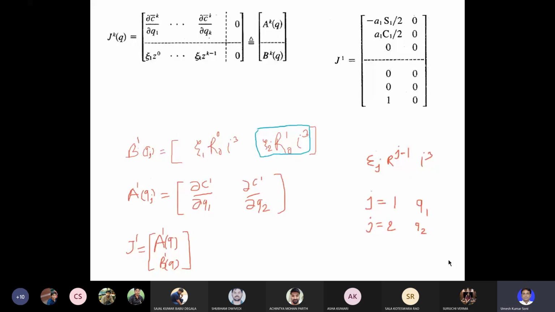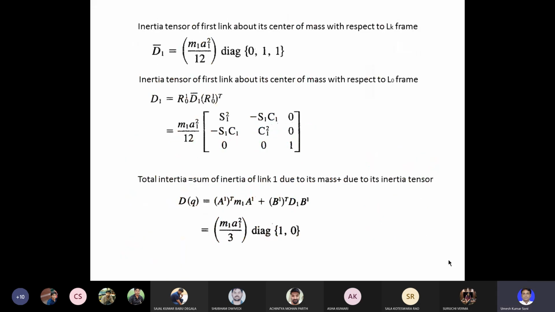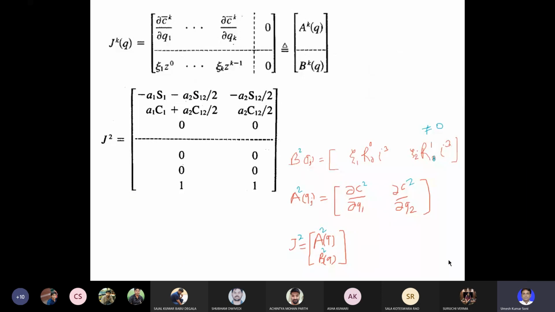So when you consider the same thing for link 2, here you see, when you go to the link 2, in case of link 2, this value is not 0.